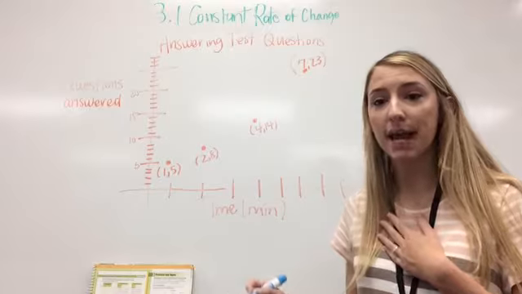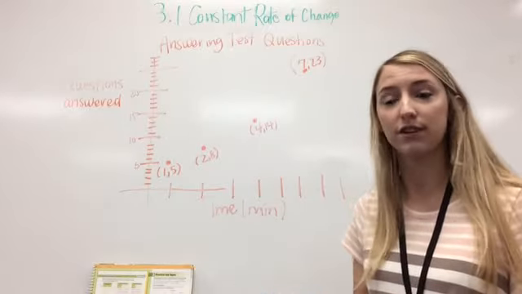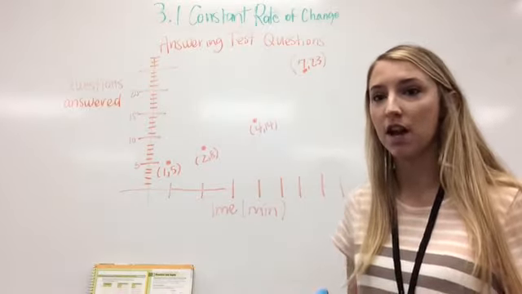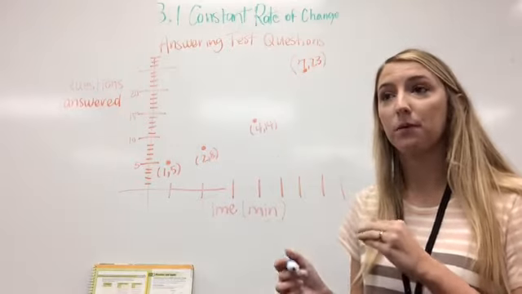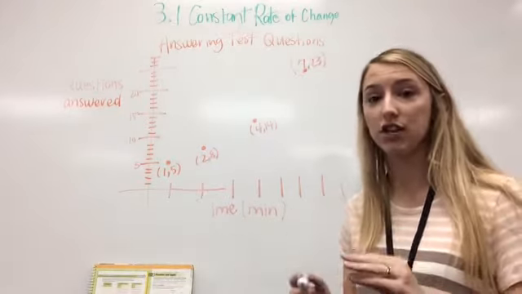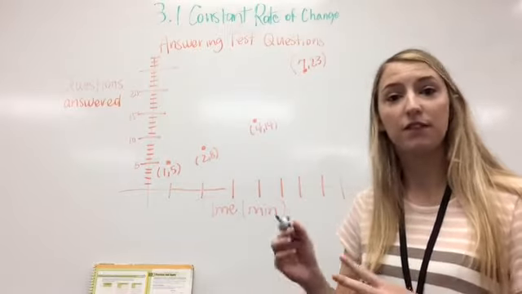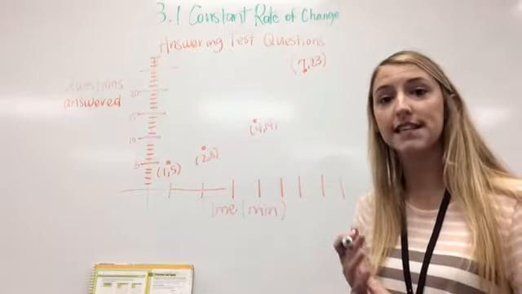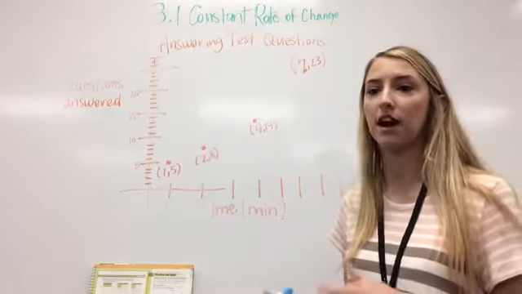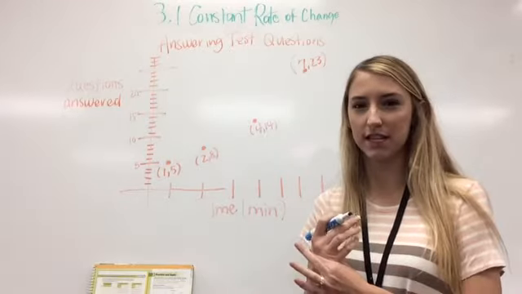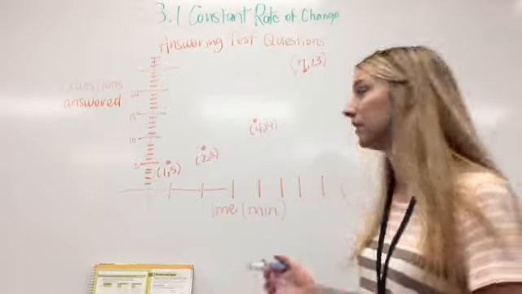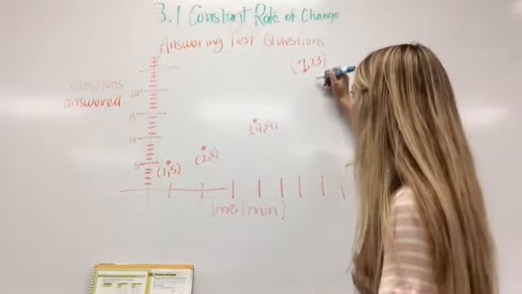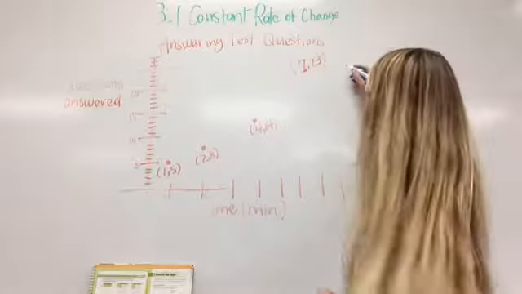I think a table is easier to look at to find the constant rate of change, because remember, the constant rate of change is the change in y over the change in x. And so we have to find out how much y is increasing or decreasing and find out how much x is increasing or decreasing. And that proportion has to be the same for every value. Okay, so I'm going to make my table right here.